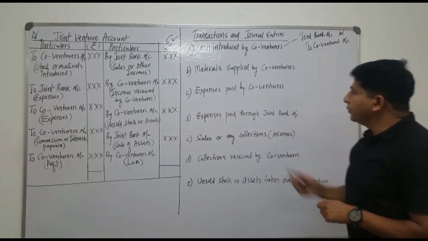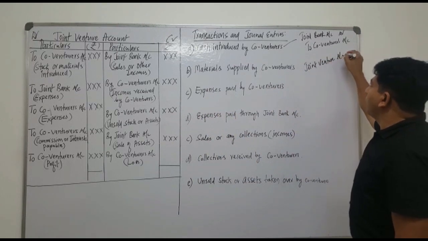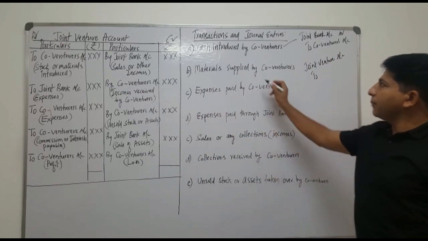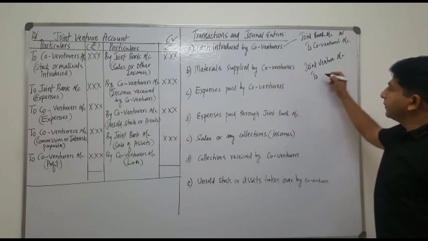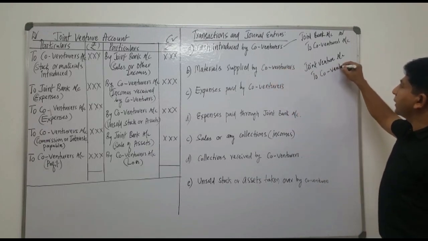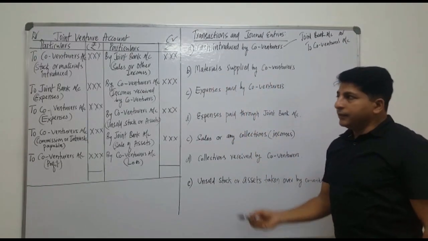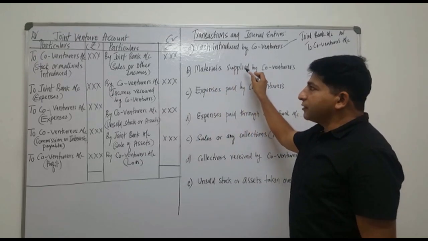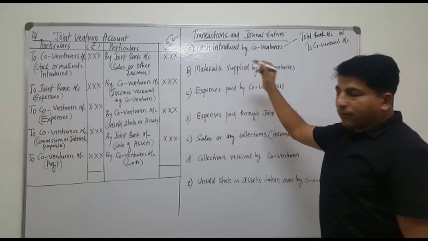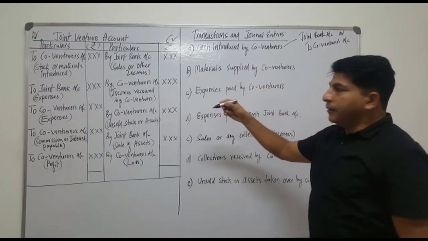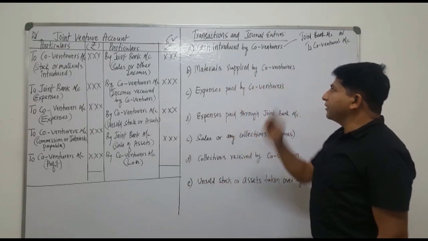Here joint venture account will be debited, and the co-venturers account will be credited, as the materials are supplied by the co-venturers. See here, the material supplied by co-venturers will be recorded in joint venture account. Material comes into the business, so this is the expense incurred by the co-venturer.